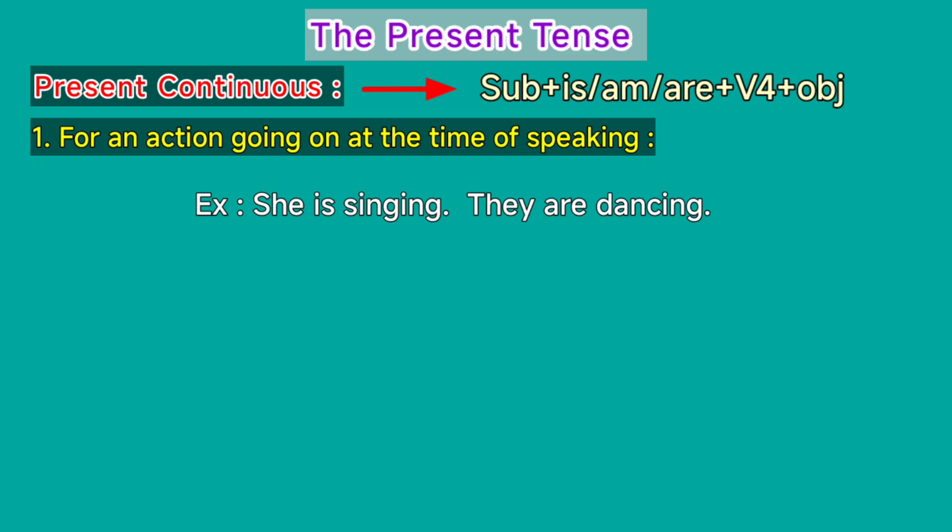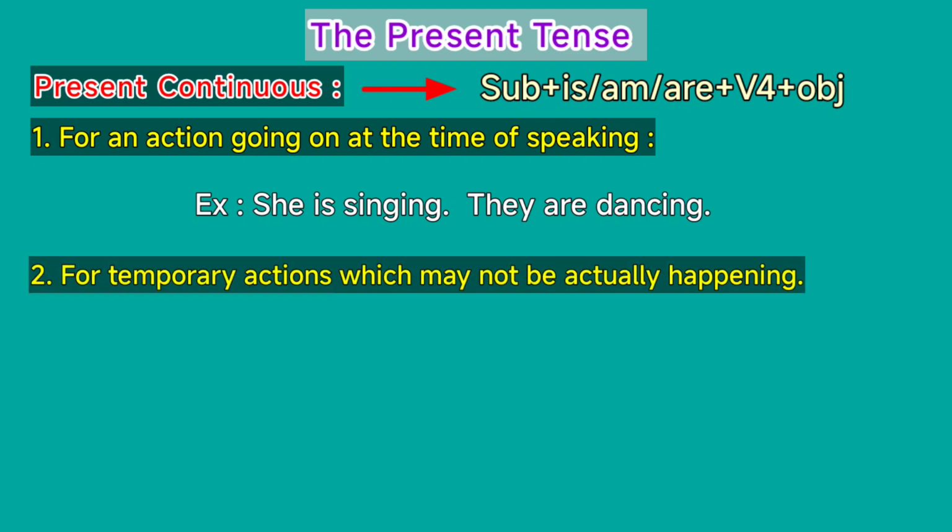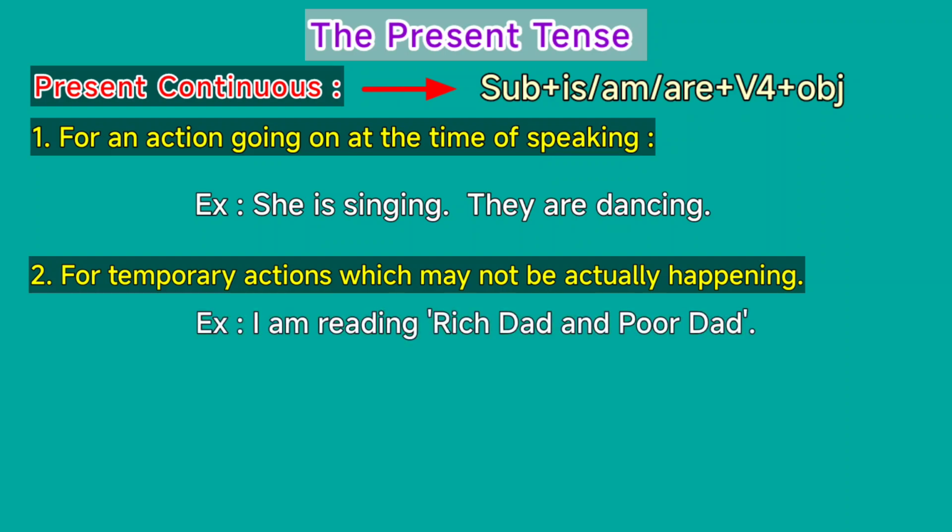The second case where we use present continuous is for a temporary action which may not be actually happening at the time of speaking. See an example, you get clarity there. "I am reading Rich Dad Poor Dad book." Actually, this reading work started a few days ago.